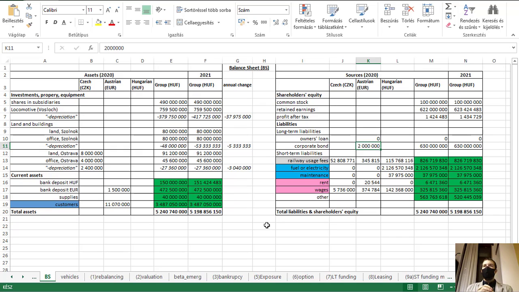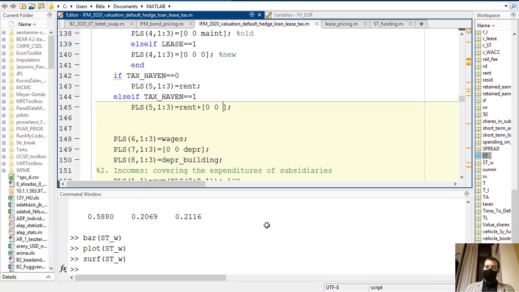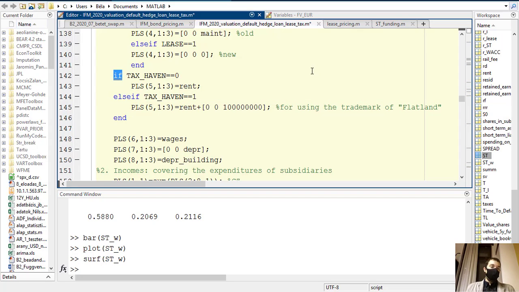So let's say that using the trademark will cost us 100 million forint. So not the entire thing will be disappearing, just a small share for using the trademark Flatland. We have to pay for that.